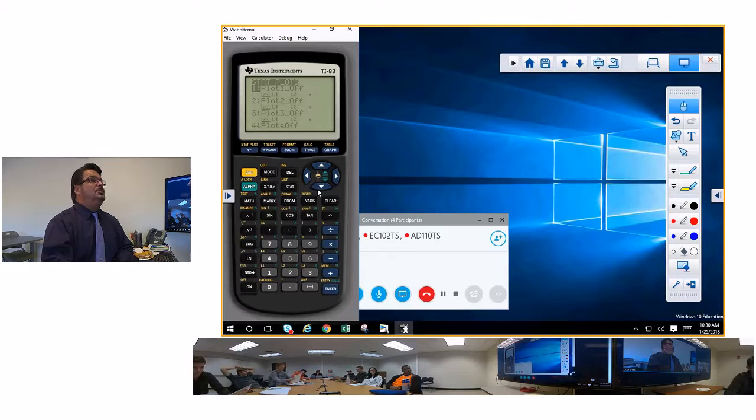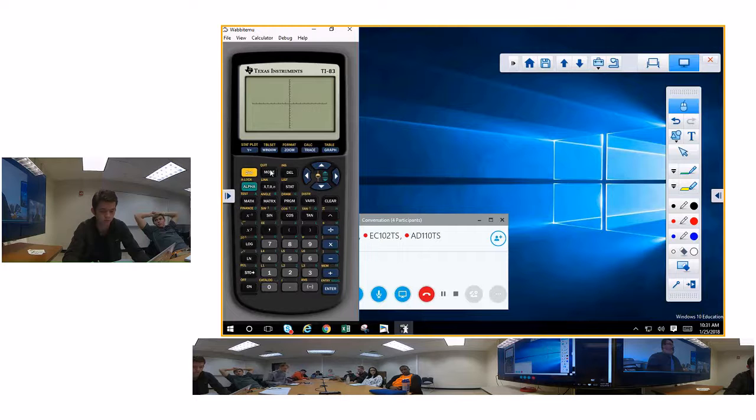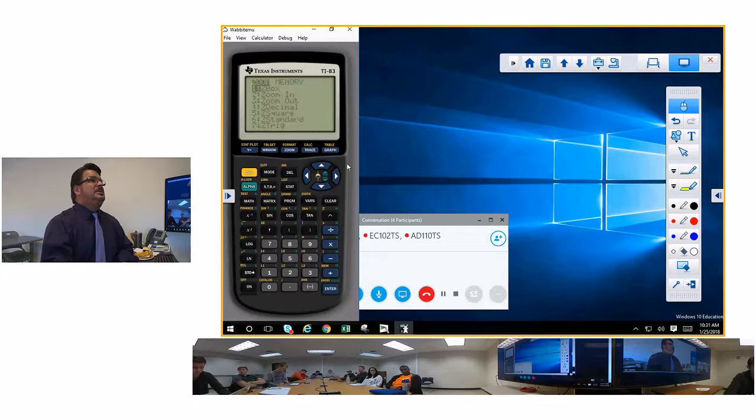Turn on the stat plot. Make sure it's some kind of a scatter plot, which I always do, and hit graph. And you're going to have to hit zoom statistic, which is 9. And enter. And that's what it looks like.